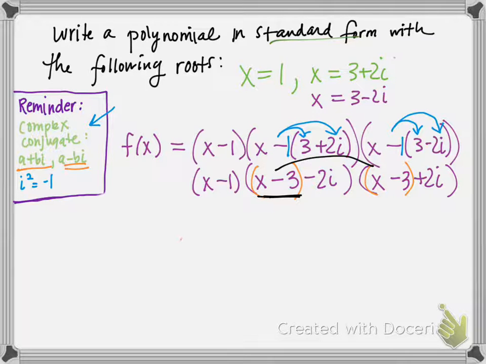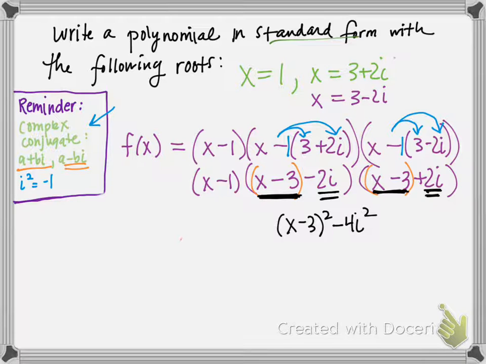So you can actually shorten your work every single time if you put those parentheses around and say, all I need to multiply really is this first pair and this last pair here, because the middle pair gets canceled out. So if I have x minus 3 times x minus 3, that's x minus 3 squared, and -2i times positive 2i is -4i squared.